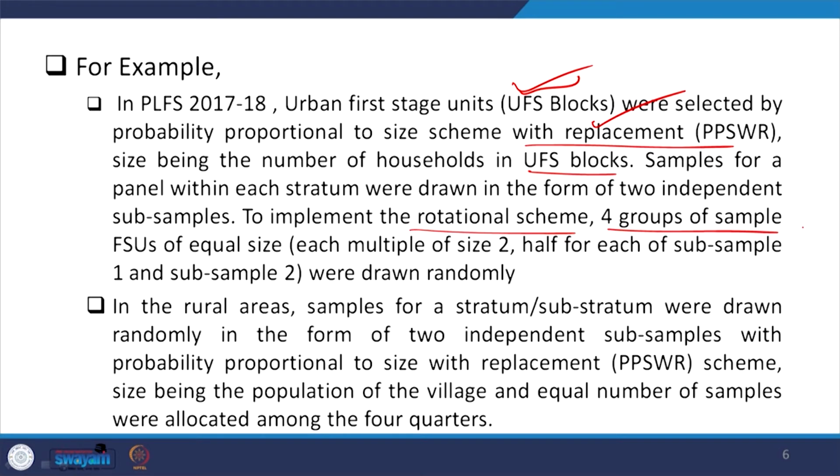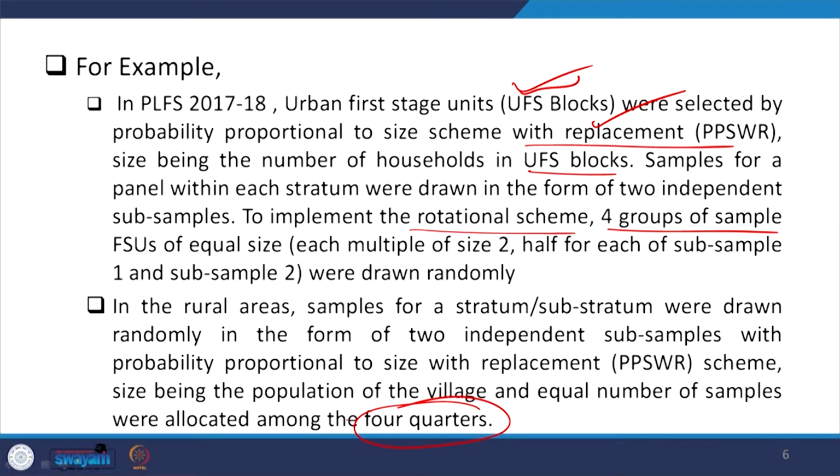Similarly, in the case of rural areas, subsamples are also defined, and again they followed the probability proportional to size with replacement scheme, size being the population of the village, and an equal number of samples were allocated among the 4 quarters. Why 4 quarters? The Periodic Labour Force Survey followed 4 quarters.